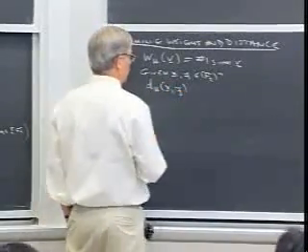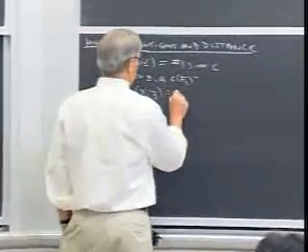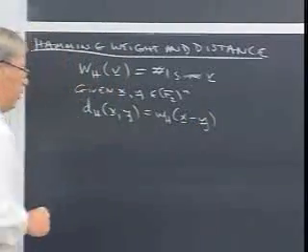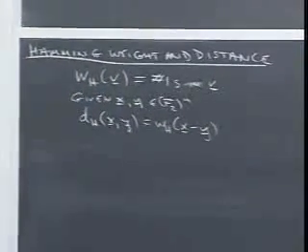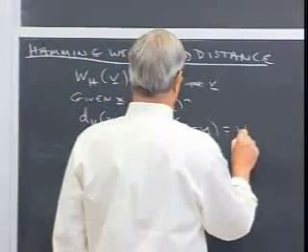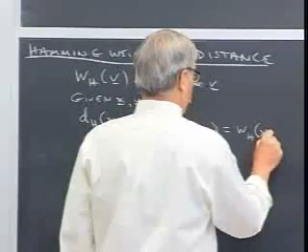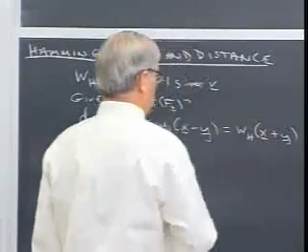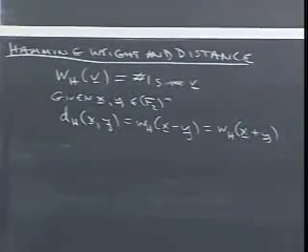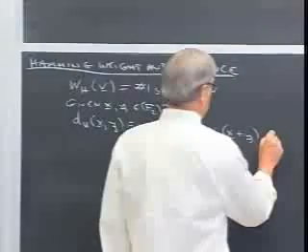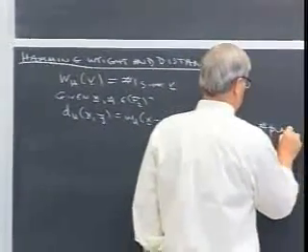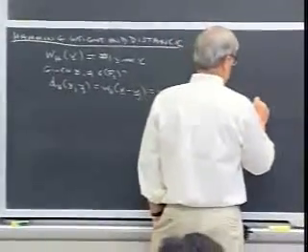The Hamming distance between x and y is equal to the Hamming weight of x minus y. This is the standard way of converting a weight metric into a distance metric. Or because addition is the same as subtraction in a binary vector space, we might equally well write this as the Hamming weight of x plus y. All right. So, and more informally, this is simply the number of places in which they differ.